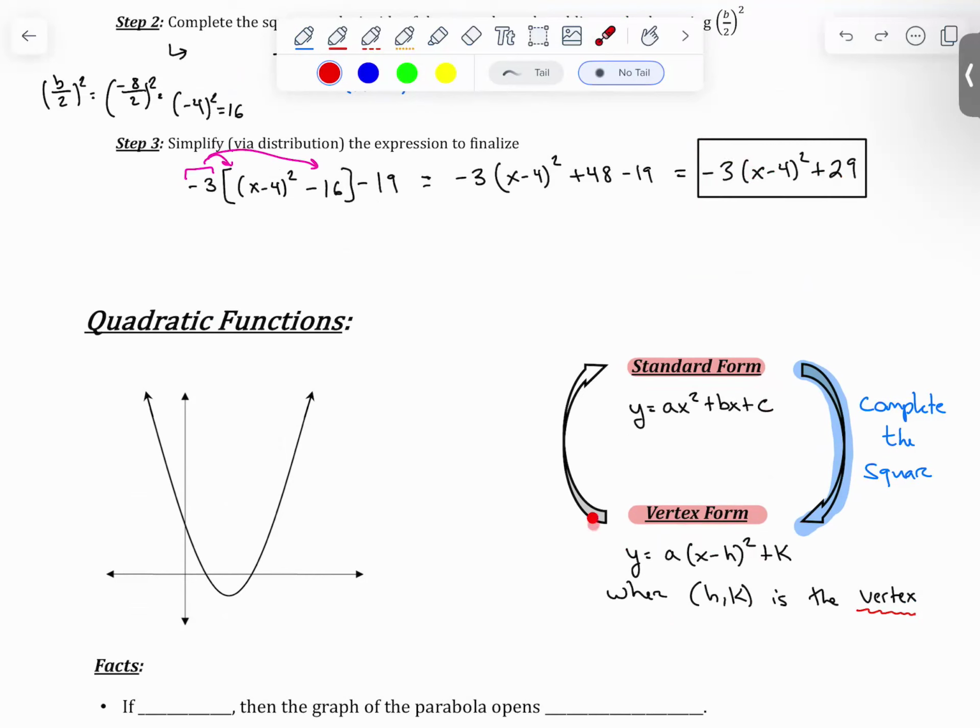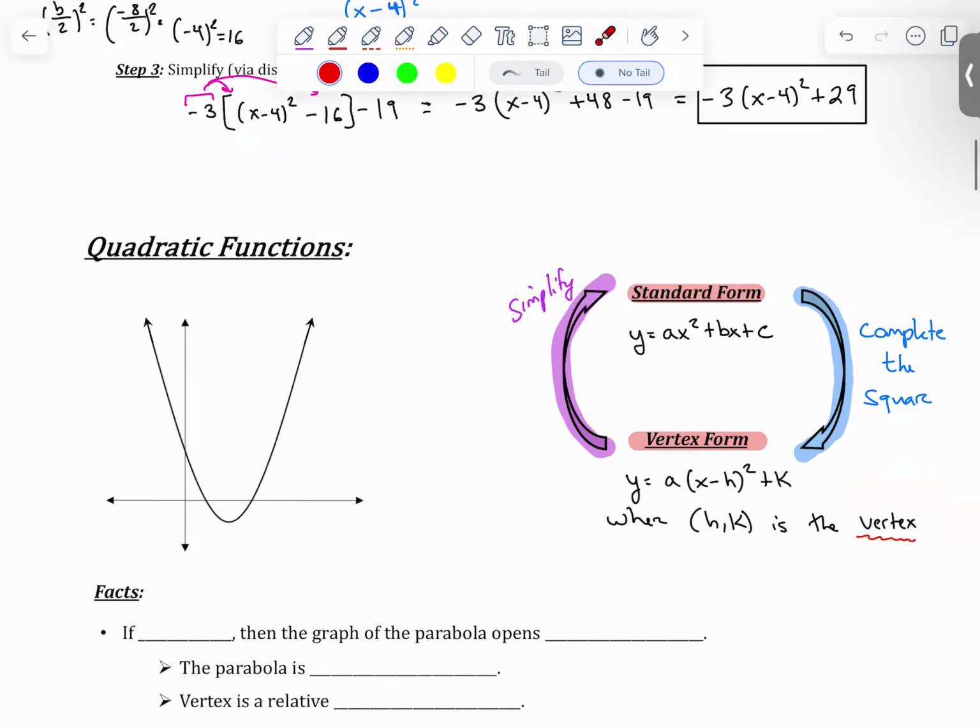And if you want to go from vertex form to standard form, which is somewhat rare to do, but it can still happen, you're going to simplify. You're going to FOIL out this x minus h squared, distribute in the a, and then combine any like terms that are left over, and you will get it back into standard form.